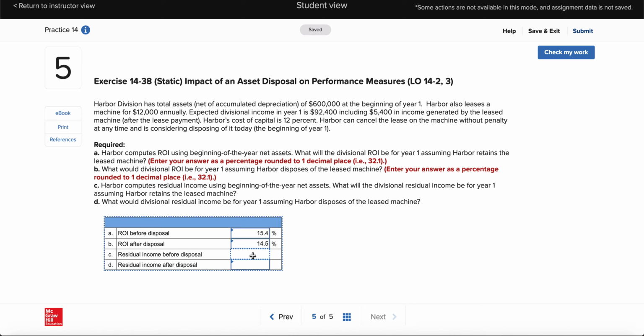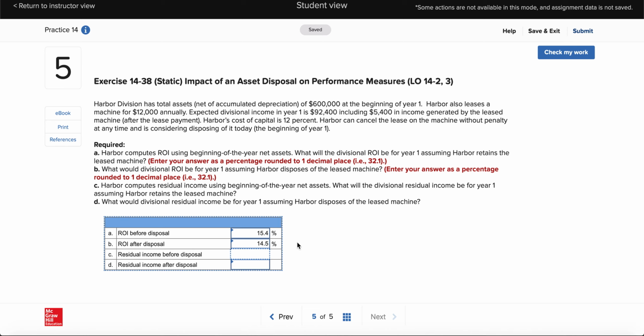If we look at residual income, we're going to take our $92,400 income. This is the before scenario. From that, we're going to subtract 12% times the 600,000. This will tell us how much more than the required return on our investment we're actually expecting to earn.